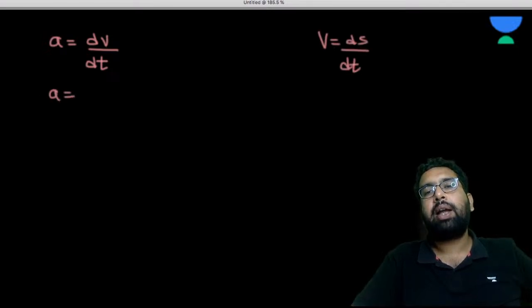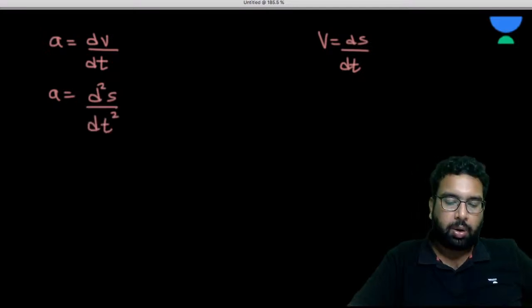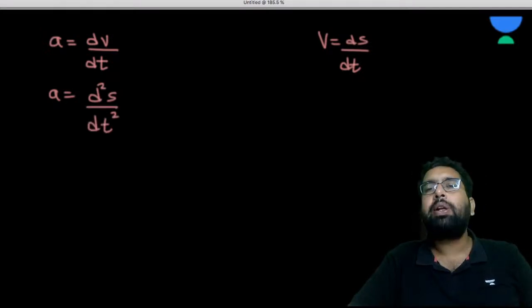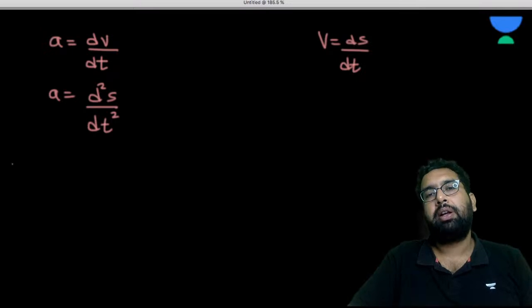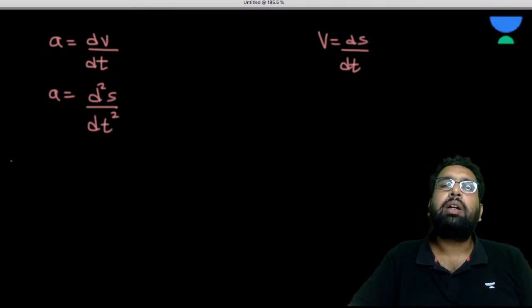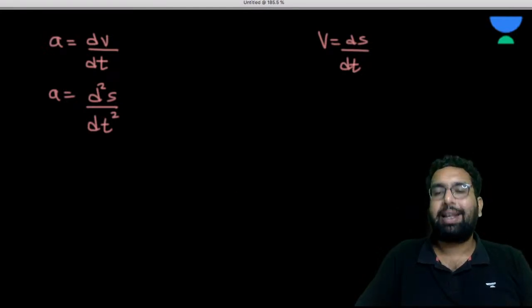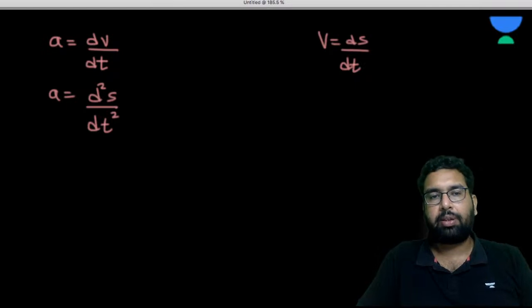So can we write acceleration is equal to d2s by dt square? Do you agree to it or not? Please answer me. Absolutely so. When the displacement is differentiated two times with respect to time, we are going to get the acceleration. I hope it is clear to everyone.